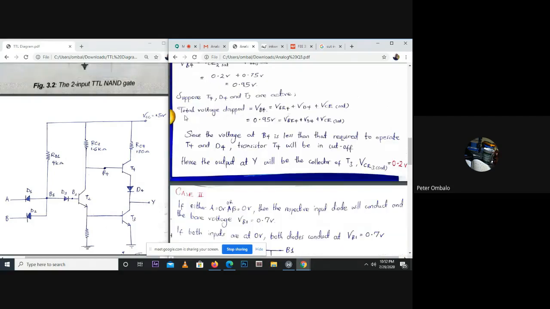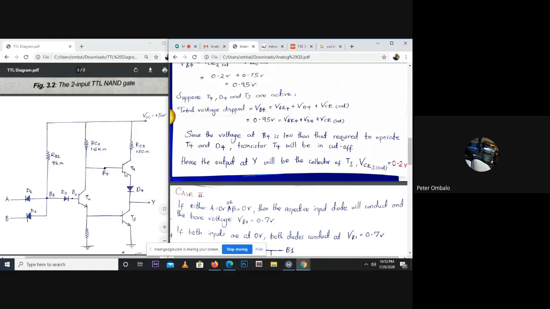Now, if we take the total voltage dropped, assuming that T4 and D4 are active, then the total voltage dropped should be equal to 0.95 volts, because we had already calculated the voltage at B4 to be 0.95 from this other path.